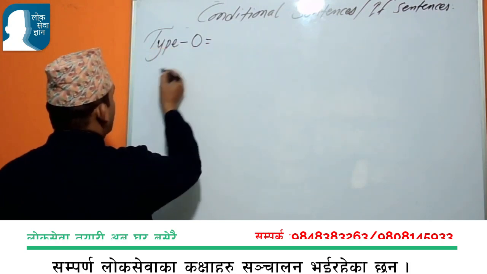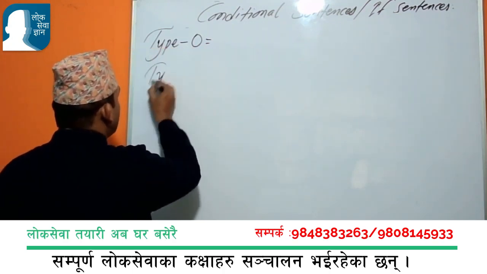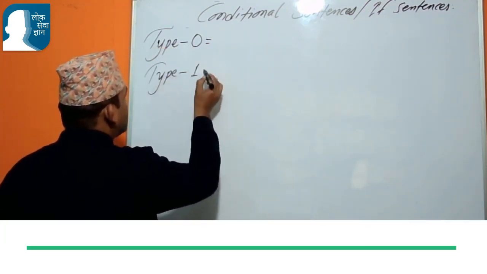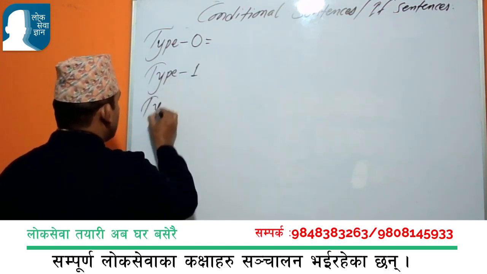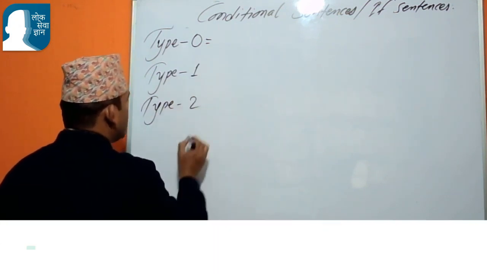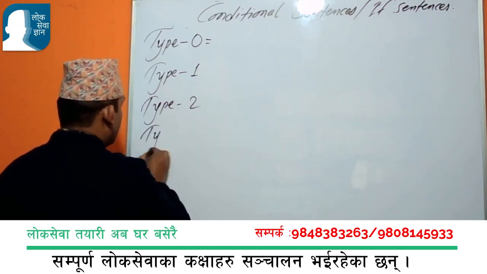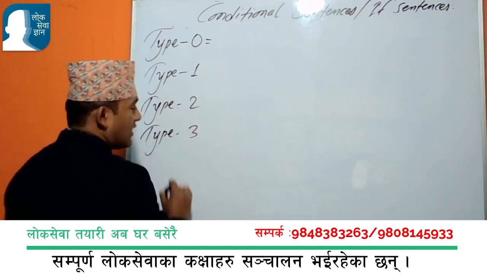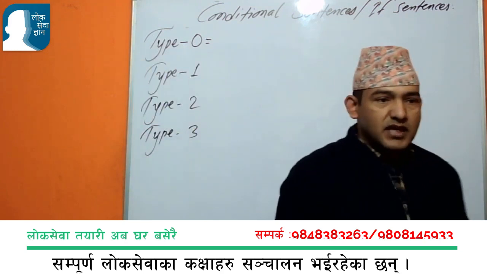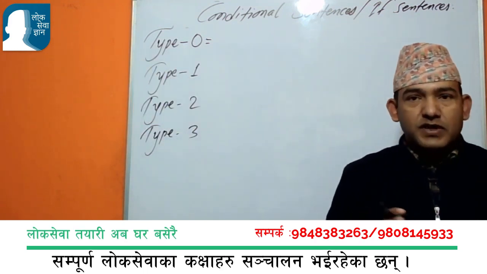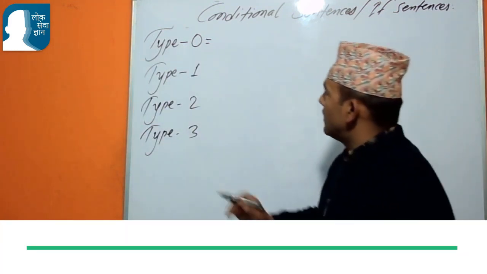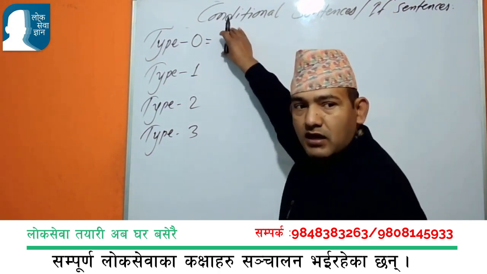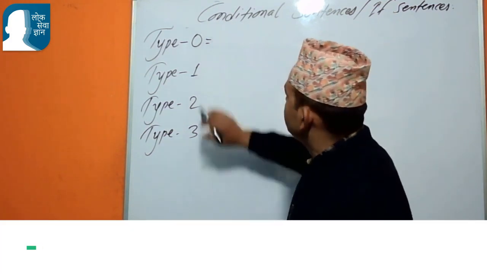They are type 0, type 1, type 2, and type 3 conditional sentence. Let's begin from type 0.